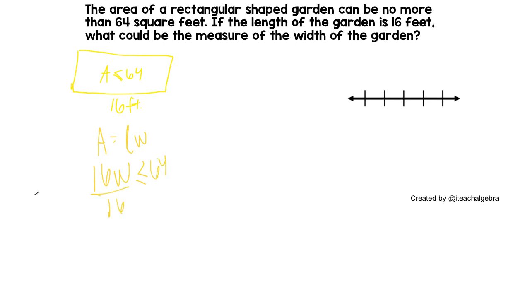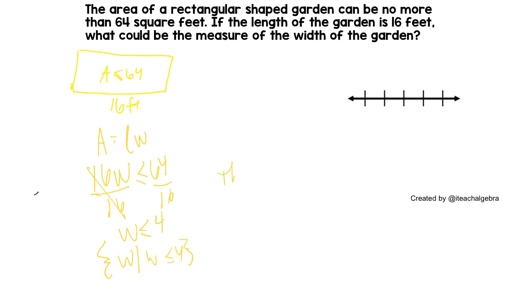We can divide both sides by 16. We get the width is less than or equal to 4. Solution set notation, w given that w is less than or equal to 4.